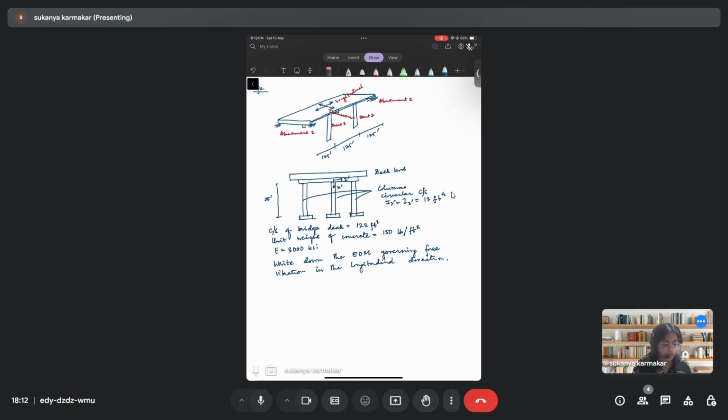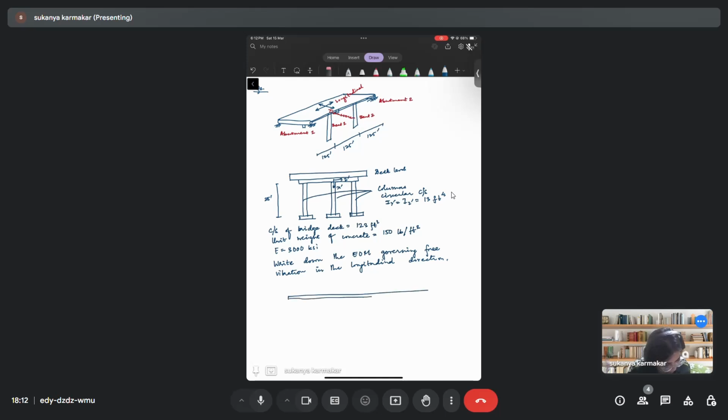So here, when you have to write down the equation of motion in the longitudinal direction, suppose I draw the diagram of the cross section of the bridge when I cut it in the longitudinal direction. You will have something like this.